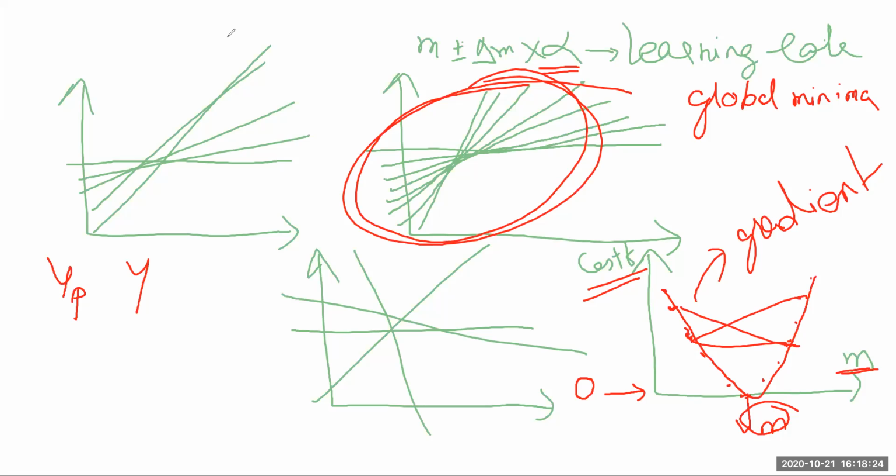I'll get fit lines of different slopes, and they will hop drastically in different directions. That's why alpha is kept small. But too small an alpha means too large a training time for the algorithm.